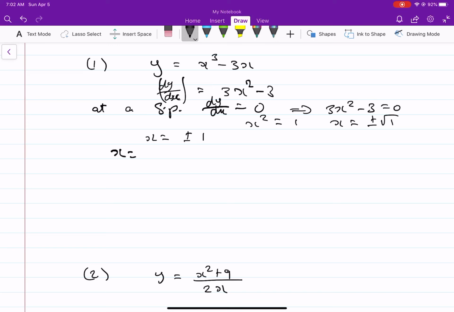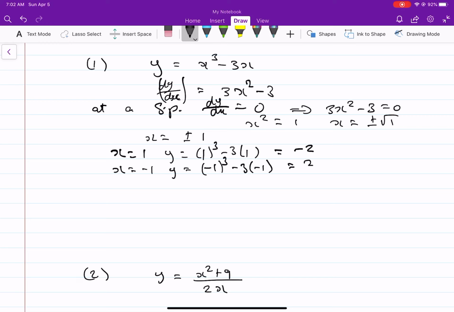When x is equal to 1, y is equal to 1 cubed minus 3 times 1. 1 minus 3 is minus 2. When x is equal to minus 1, y is equal to minus 1 cubed minus 3 times minus 1. That'll be a plus 3 at the end and a minus 1 in front. It looks like 2.